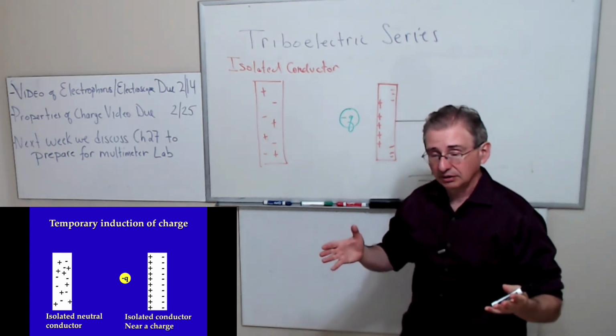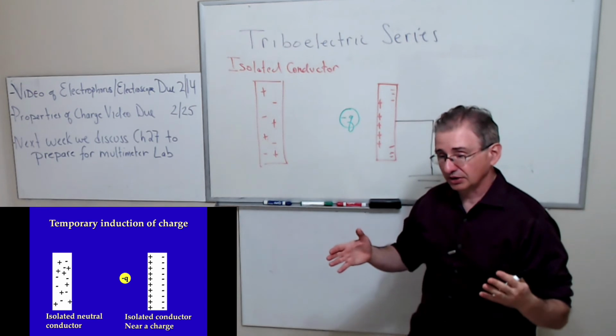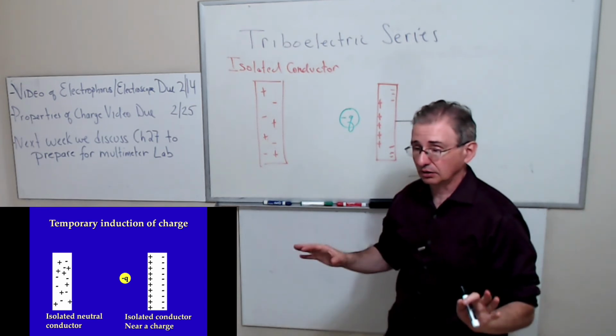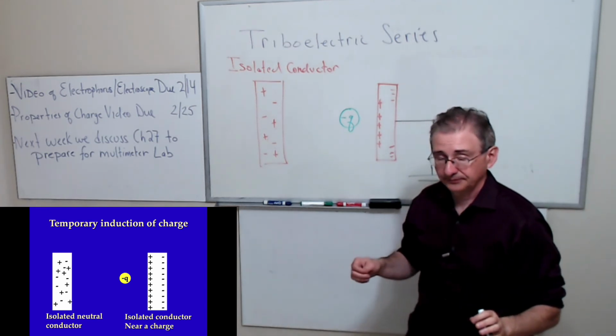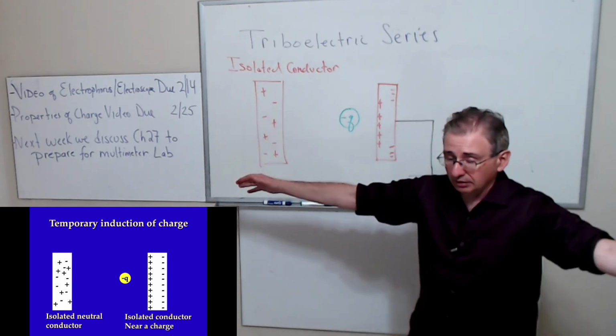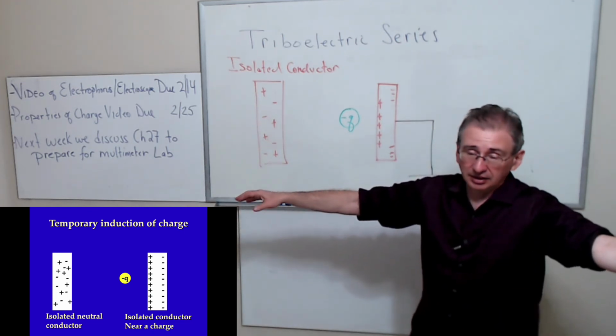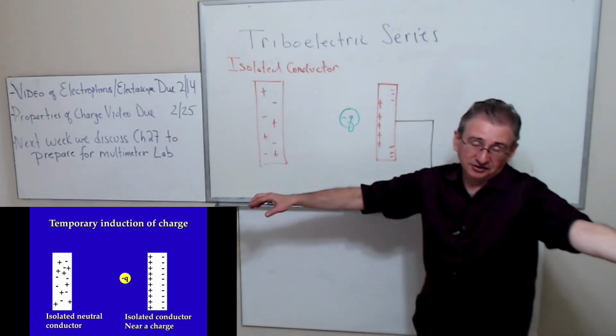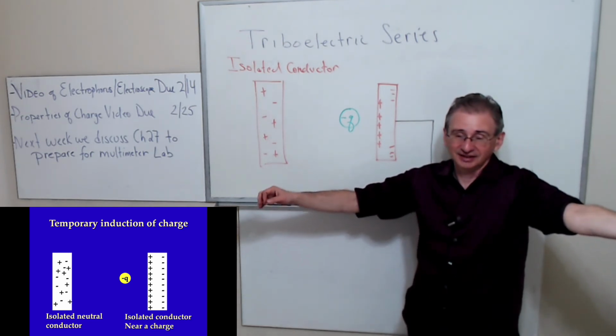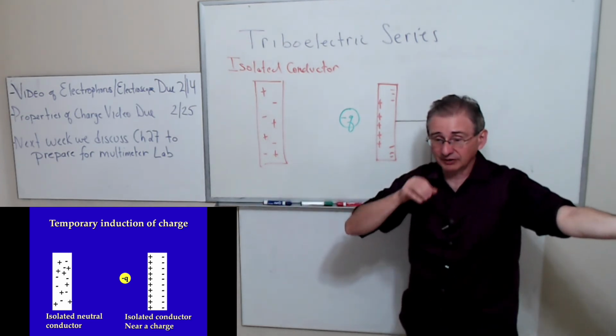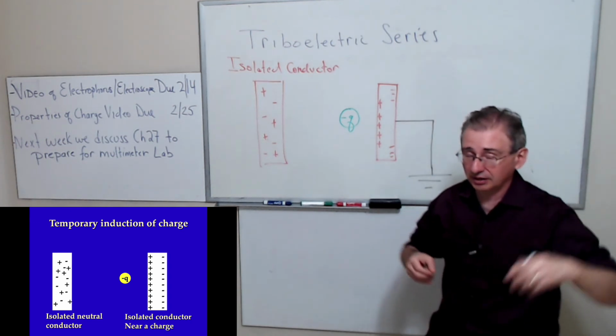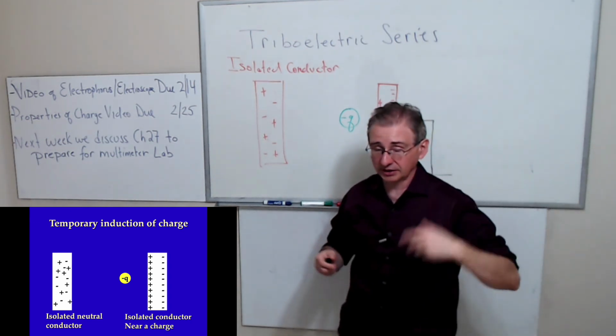Earth ground can be considered as either a sink or a source of electrons. The earth is big, it has a lot of electrons in it, or it can take up a lot of electrons. It could be a sink of electrons, like the sink in your drain, or it can be a source of electrons, like your water faucet.